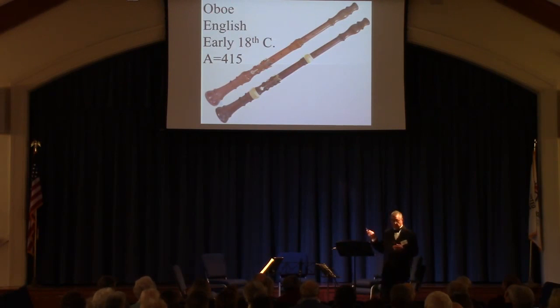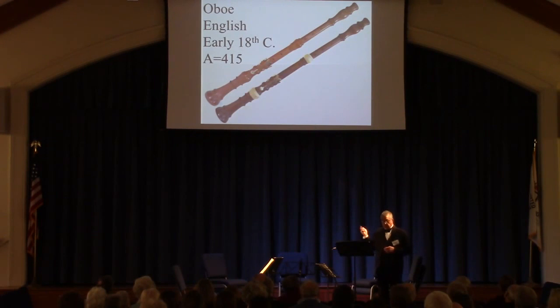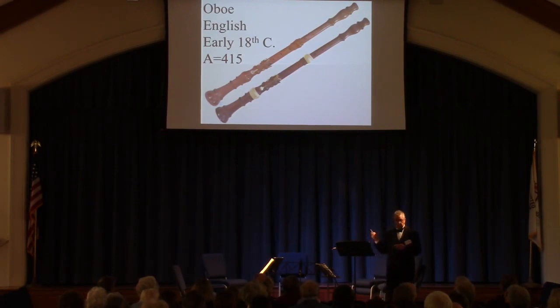Now these are two more oboes that I played. They're both by the same maker, but you can see the different colors. This one is made of boxwood, and that's one of the typical woods that oboes were made out of in this period. It's a very blonde wood, but in this case, it's stained with nitric acid.